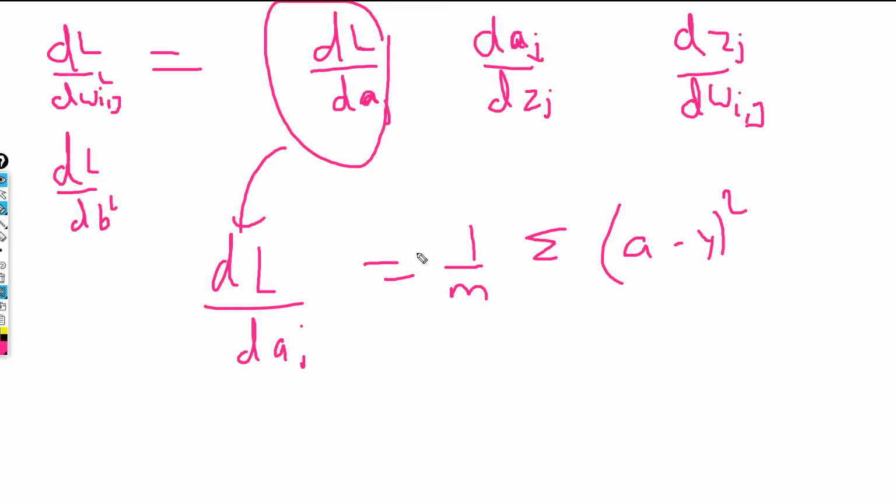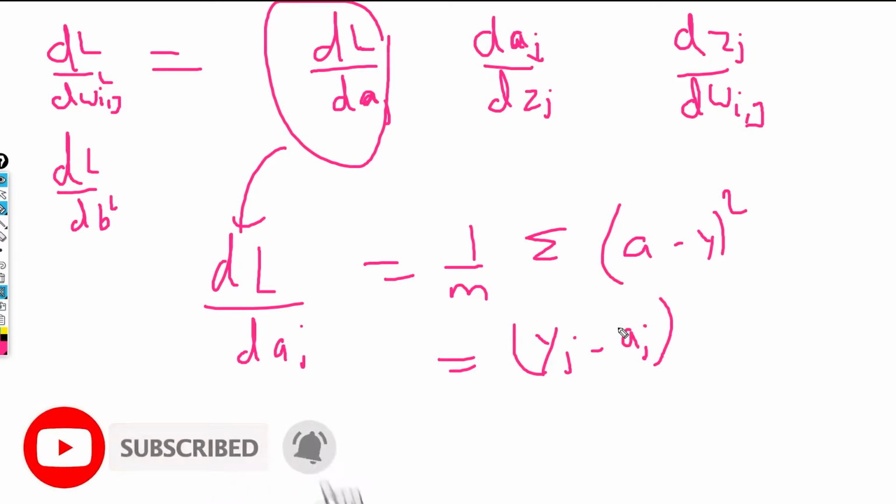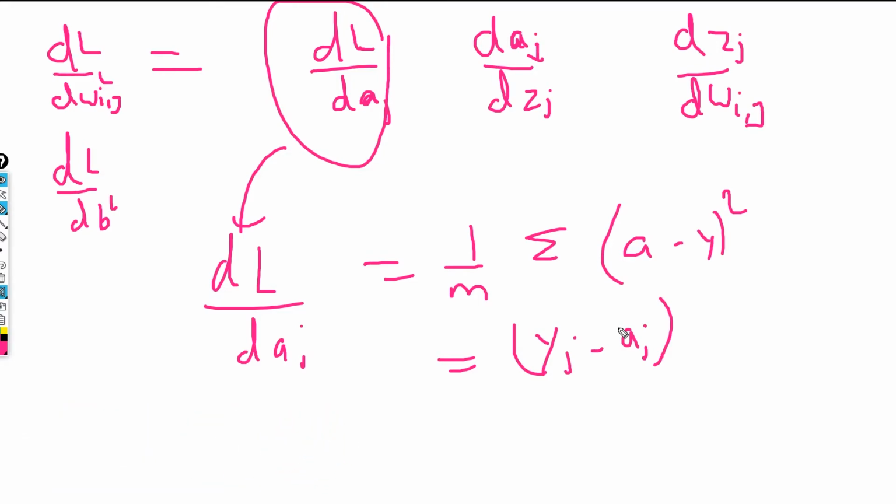The differentiation for this is going to be Yj minus Aj, or you can say Aj minus Yj, it doesn't matter that much. If you don't know how we came to this solution, please check out my linear regression series, in which I found the differentiation for the MSE loss.